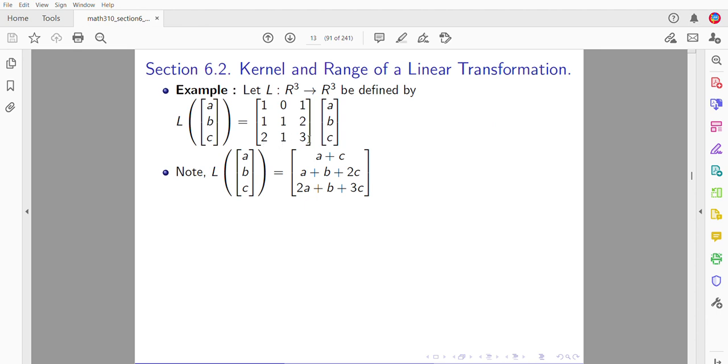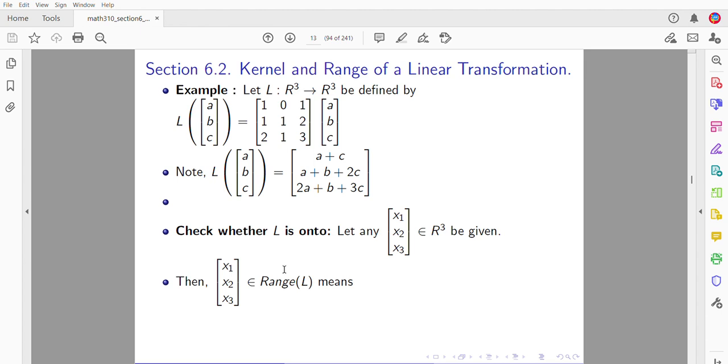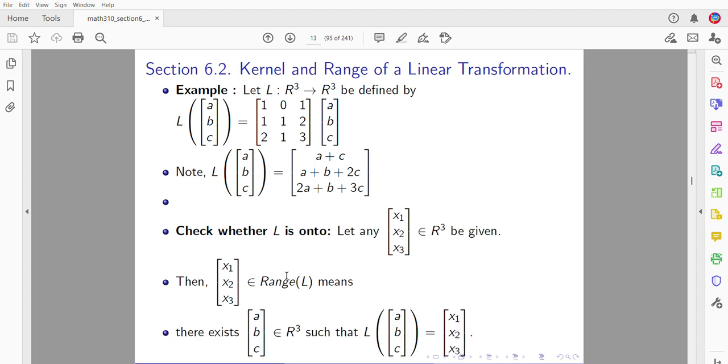All I did was multiply by the matrix to find L. We want to check whether L is onto. What does that mean? For any vector in the right hand side, can it be in the range? That means, can I find (a, b, c) such that L of (a, b, c) is (x1, x2, x3)?